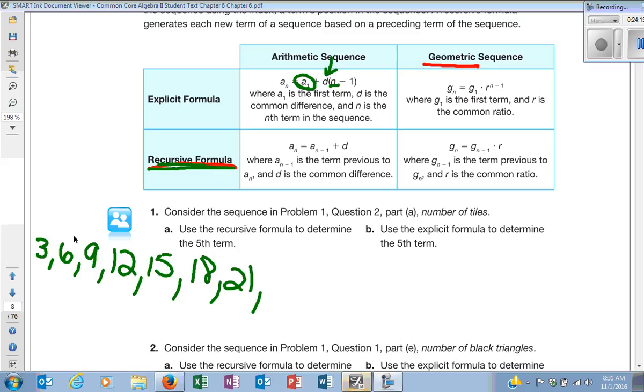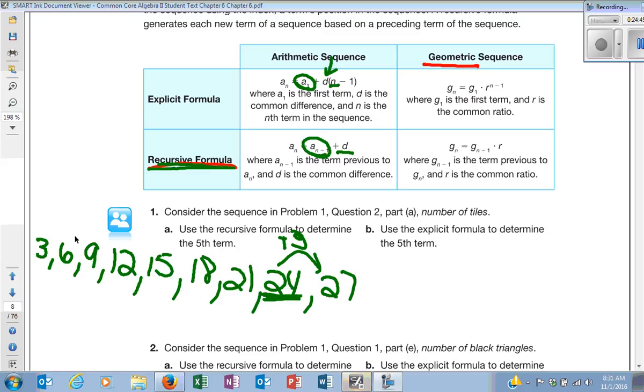What would my next term be? 24. That is called the recursive formula. The recursive formula says you use the term in front of it and just add the common difference. So how do I get to my next term? I use the term in front of it and I just add another 3 because that's my common difference. And so I realize that it's 27.